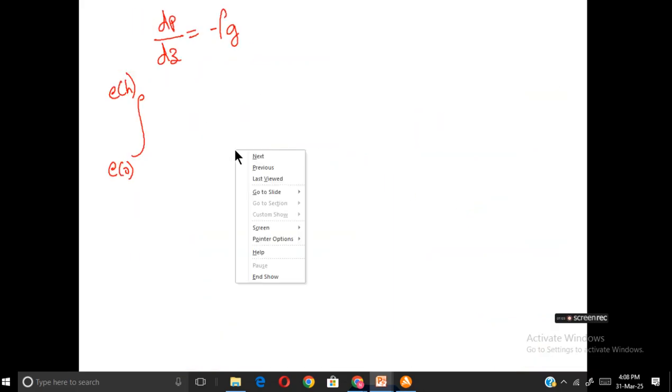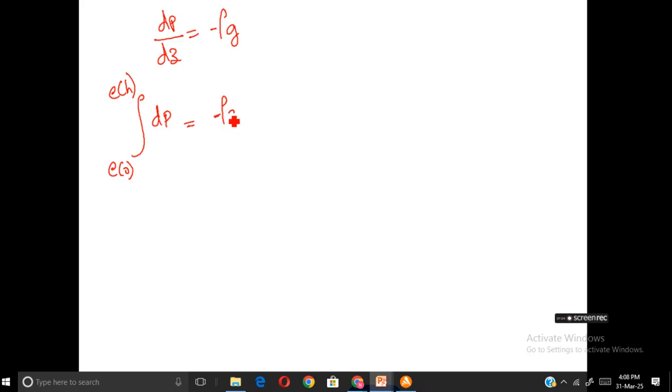So if we are finding the hydrostatic pressure, it will become integral E of 0 to E of h dP is equal to minus rho g into dz from 0 to h.